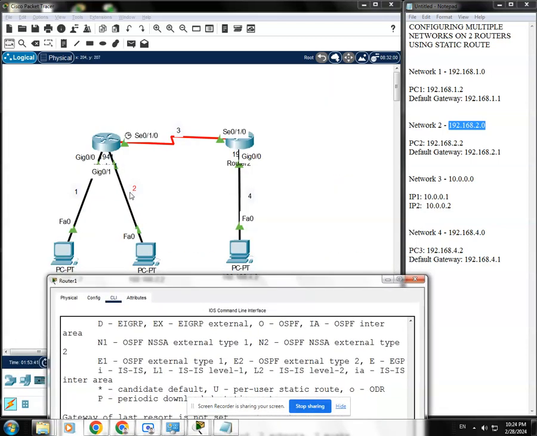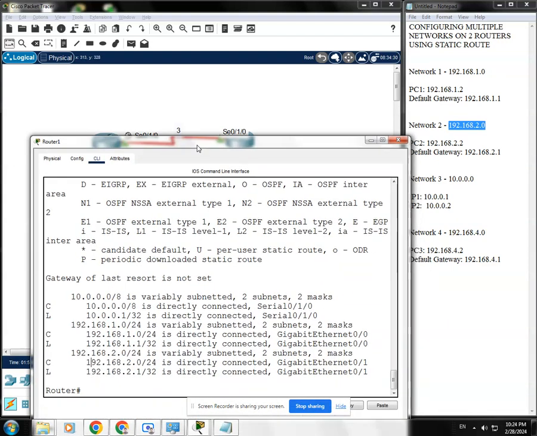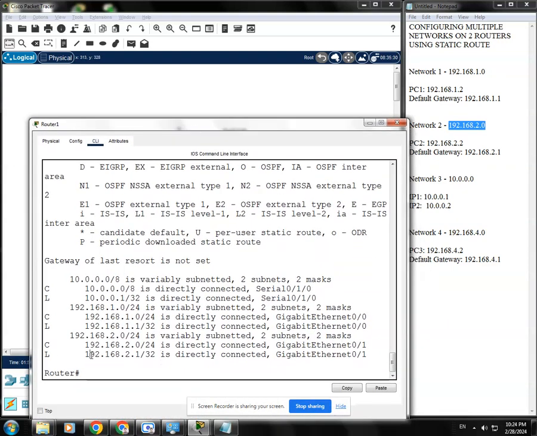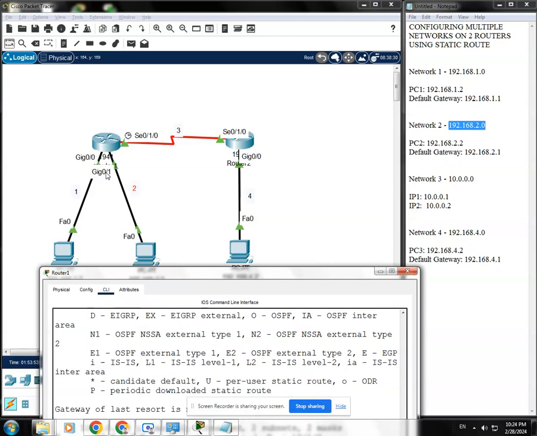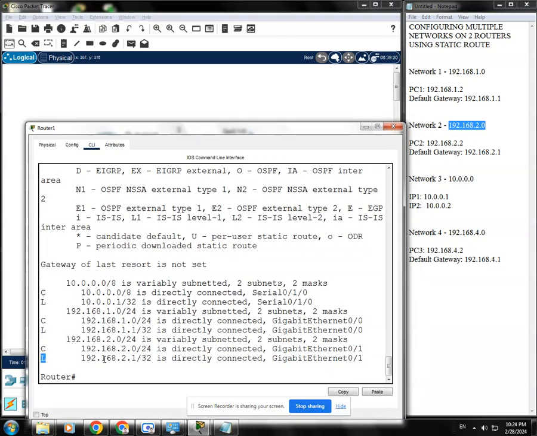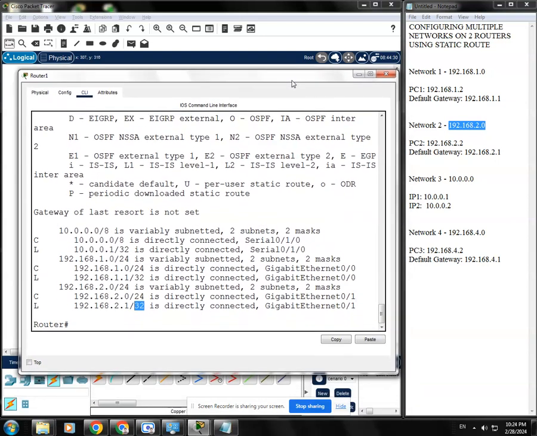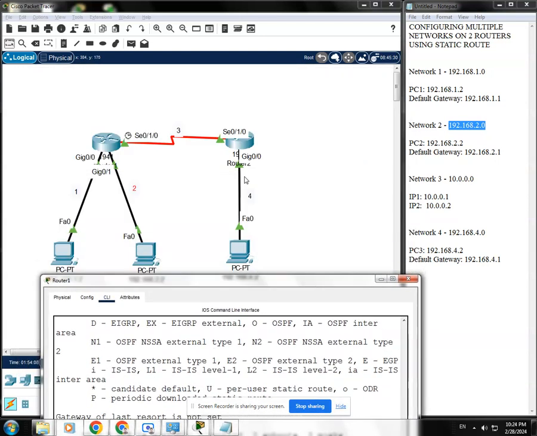This is the network 192.168.2.0. Below that is the local entry, meaning the IP registered on this port 0/1 is 2.1/32, meaning it's one usable host. And it's connected to gigabit 0/1. But this network is not showing.